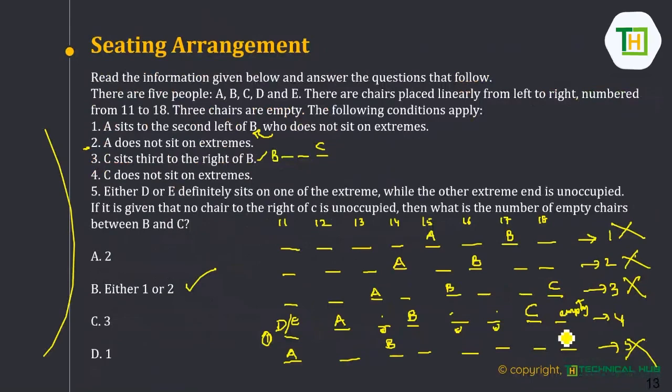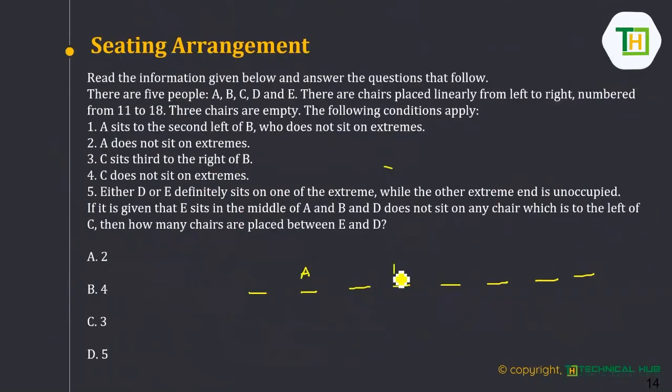A, B at the 12th, 14th and 17th. This is the A position, this is the B position, and this is the C position. So here the fourth condition, directly I am taking the fourth possible diagram.